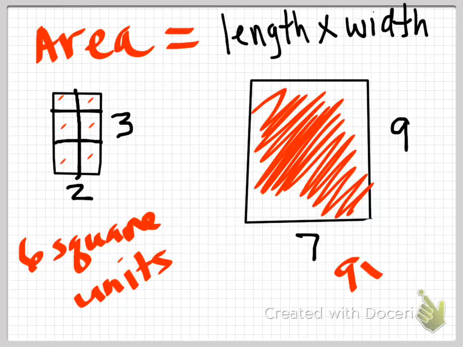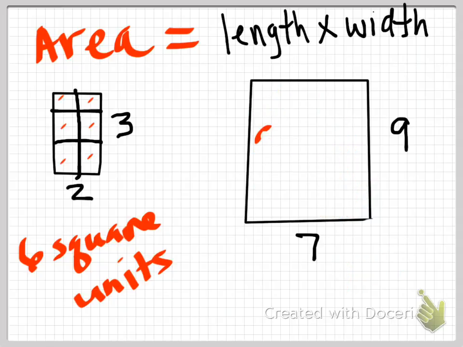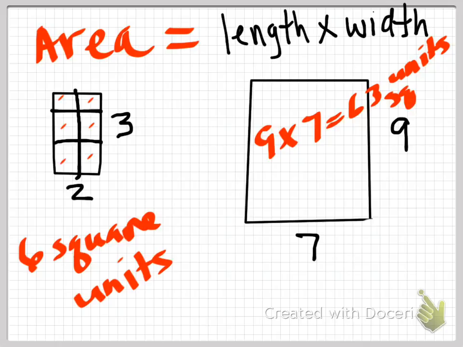Well, what's 9 times 7? 9 times 7 equals 63 units squared. Hold on, let me rewrite that. Squared. It's hard to write with this little pen.